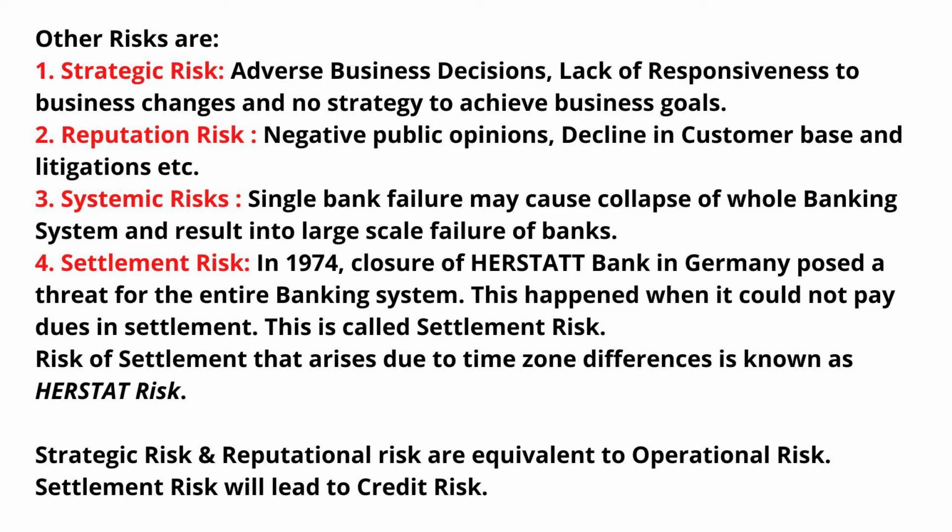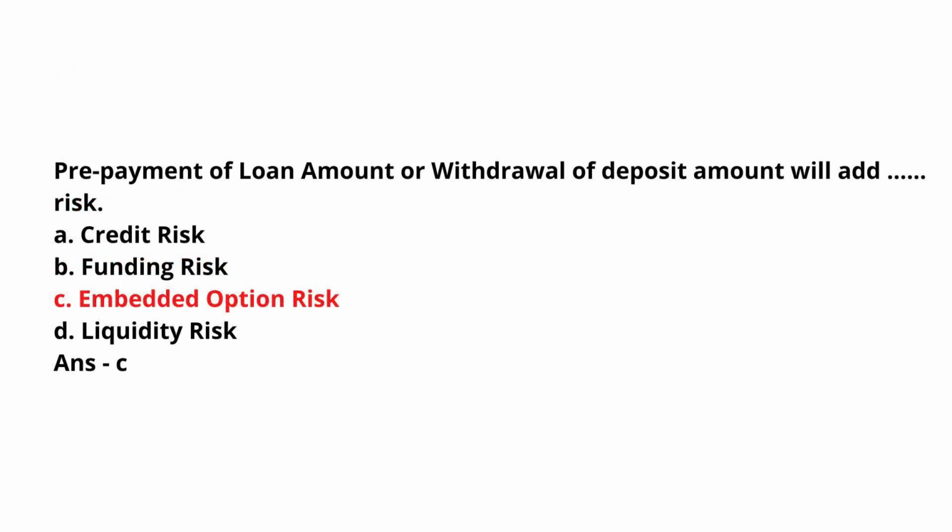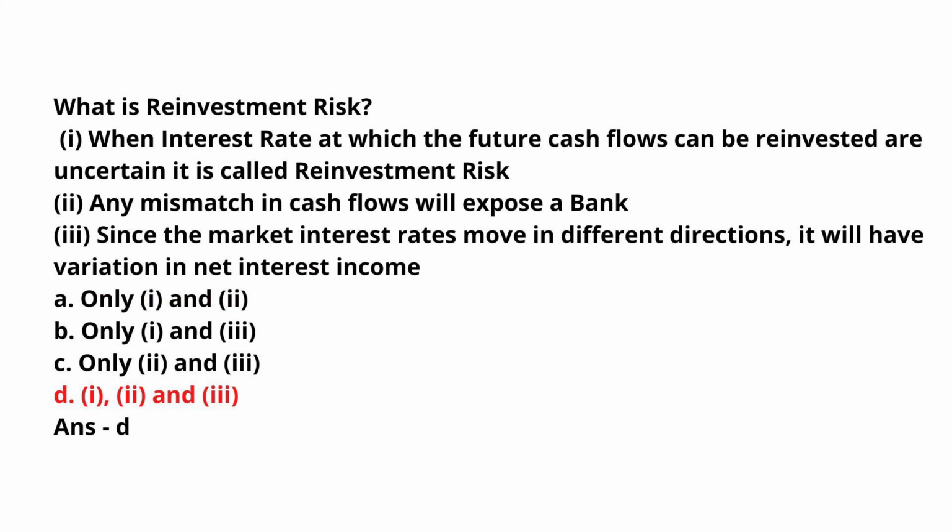Moving further, some previous questions regarding risks. Prepayment of loan amount or withdrawal of deposit amount will add to embedded option risk. Reinvestment risk means that when the interest rate at which future cash flows can be reinvested is uncertain, it is called reinvestment risk.